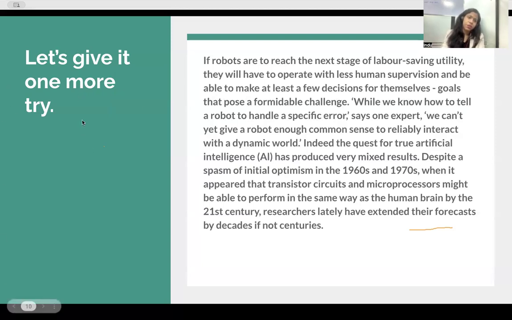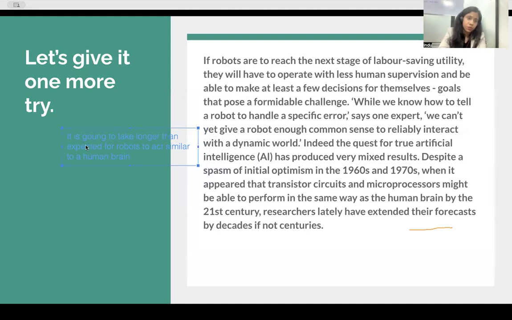So it says that it is going to take longer than expected for robots to act similar to a human brain, right?